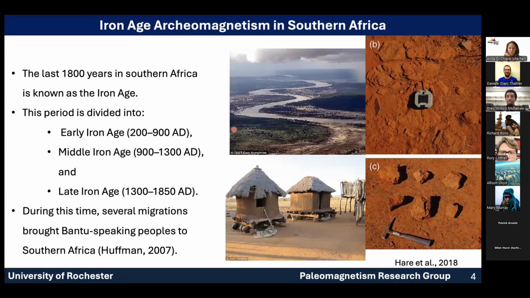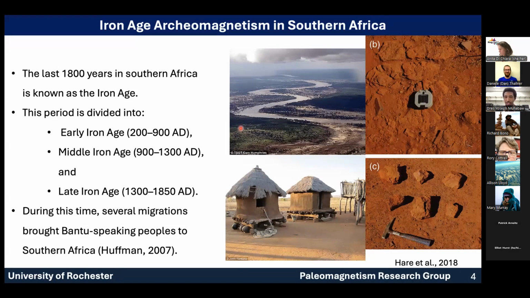As you can see from this figure, which is the Limpopo Valley, this is fertile land suitable for agricultural practice, and these Bantu-speaking peoples are known for their agriculture. They migrated from Eastern and Central Africa toward Southern Africa, and then they settled.